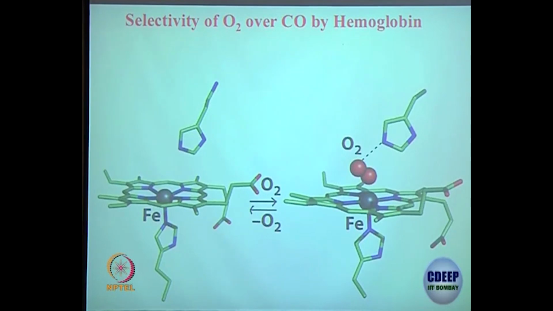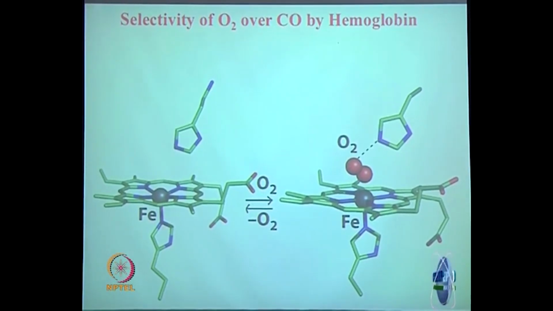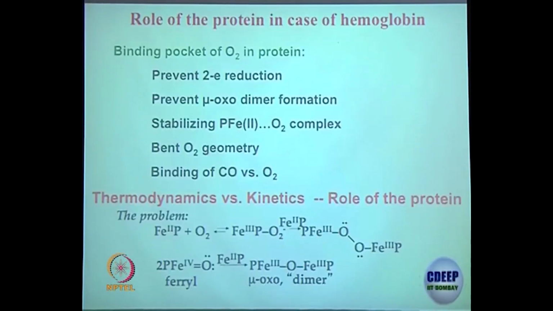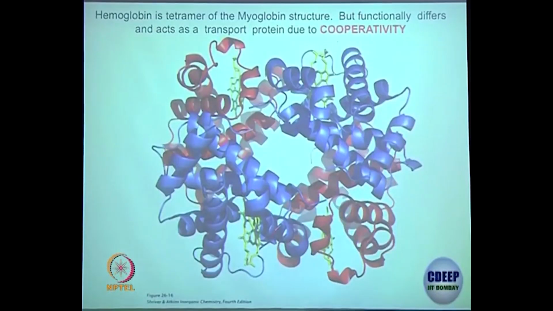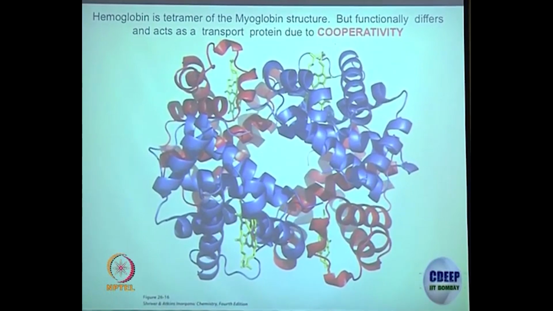That change, it goes down. That change will trigger the cooperativity. What will happen? The moment it gets pulled in the cavity, that change in configuration or conformation will be relayed all over. That will send the message.